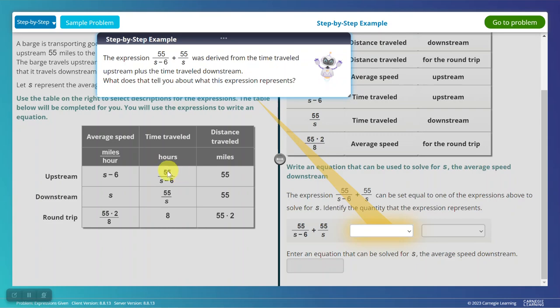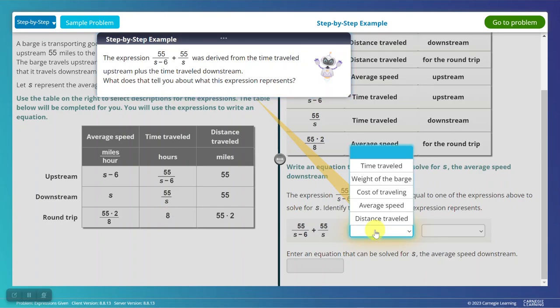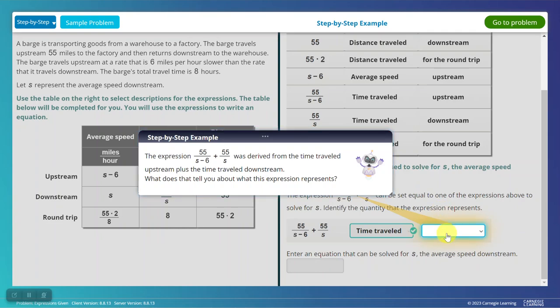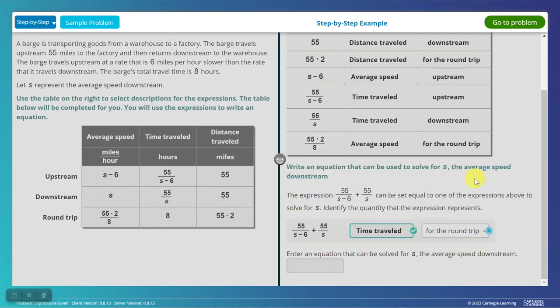It's the time to take upstream. This was what this expression was. 55 over s is the time downstream. So if you add those together, it's going to be equal to the total time, which is 8. So this is equal to the time traveled for the whole trip.